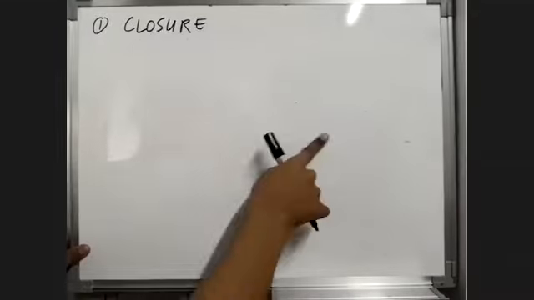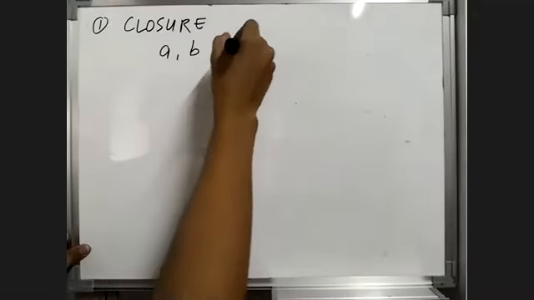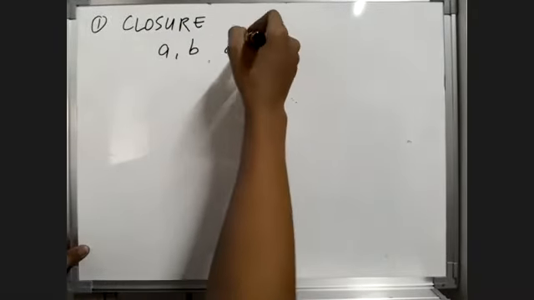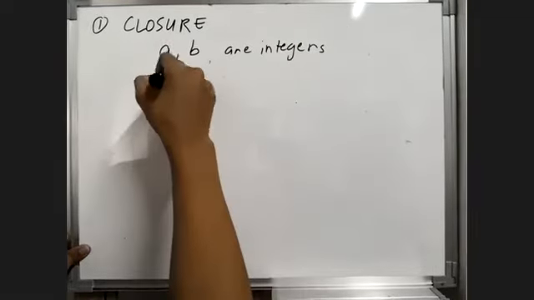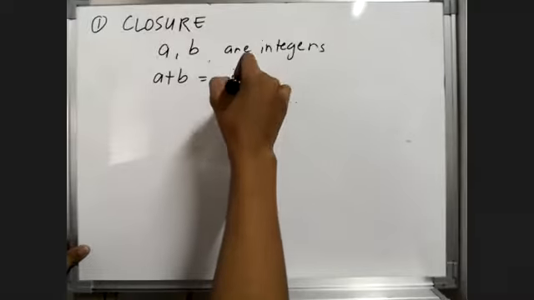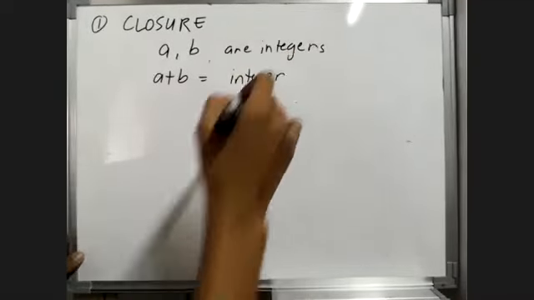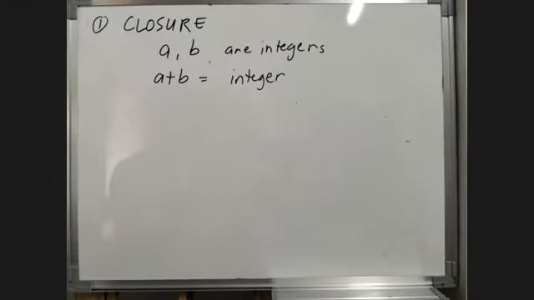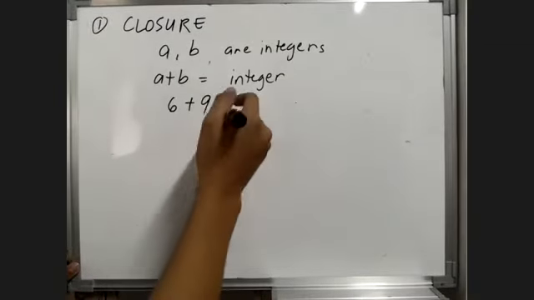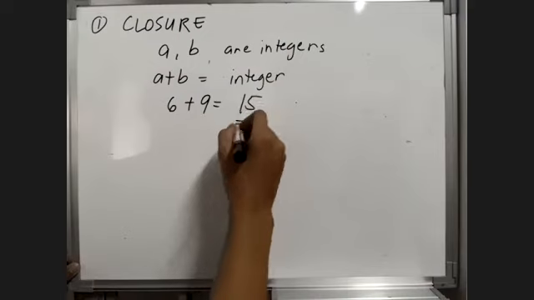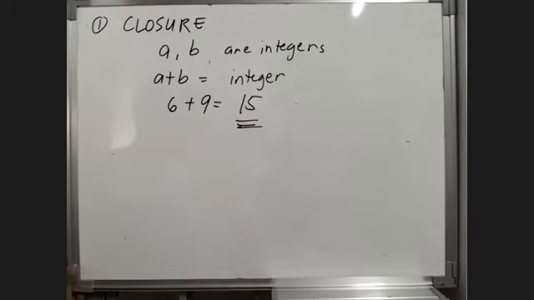Ang sinasabi lang niya kapag A and B are integers, kapag inadd natin yung A and B, lalabas din dito, integer din. For example, I have 6 plus 9. 6 and 9 are integers. Ang lalabas sa sagot, 15 is also an integer. So, that is closure property.